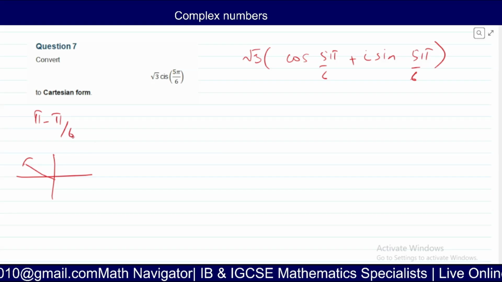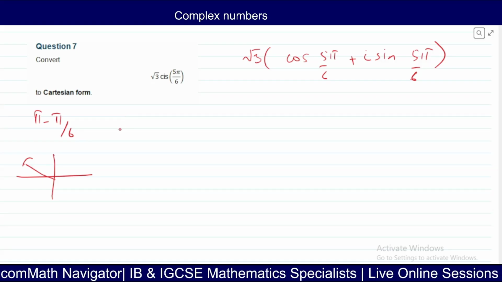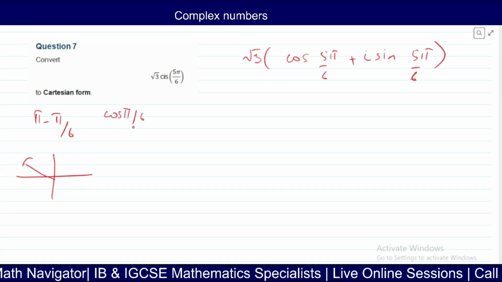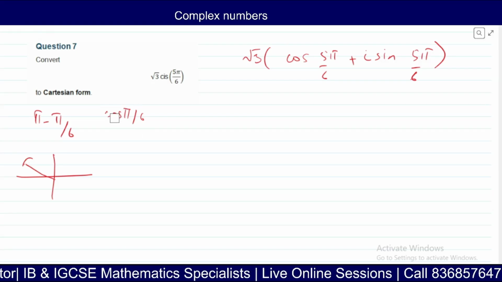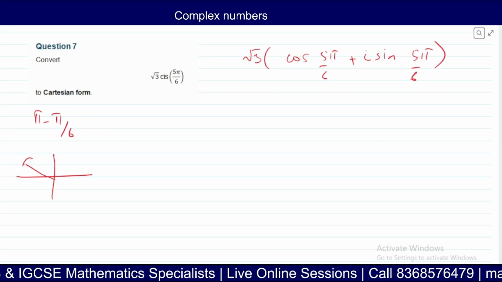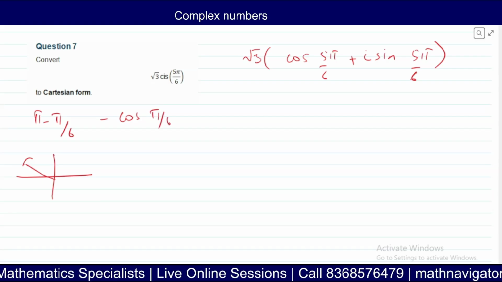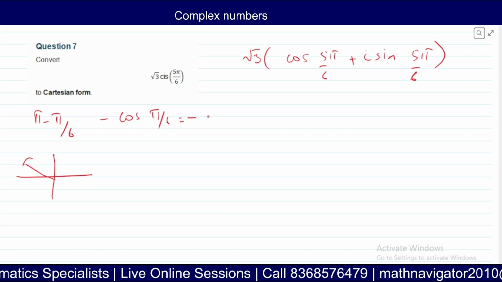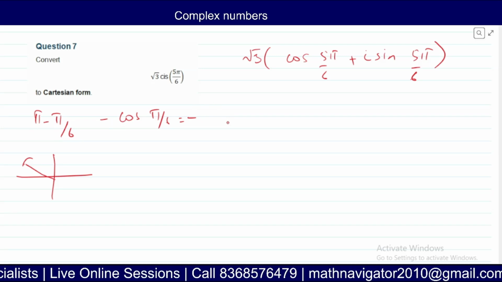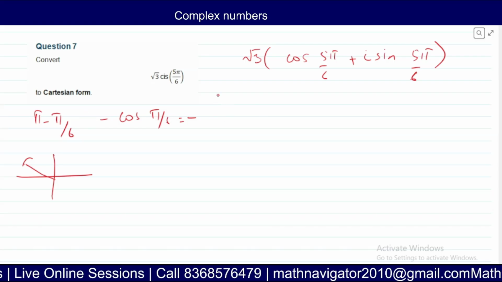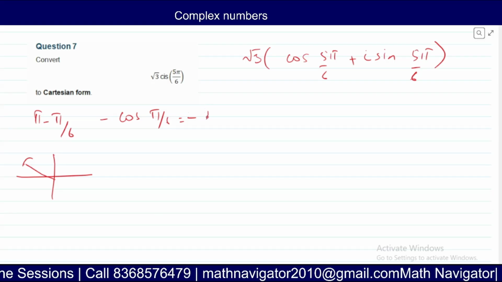Pi by 6 means 30 degrees. Root 3 cos pi by 6, cos is negative in the second quadrant, right? So I'll take it negative of root 3 by 2.